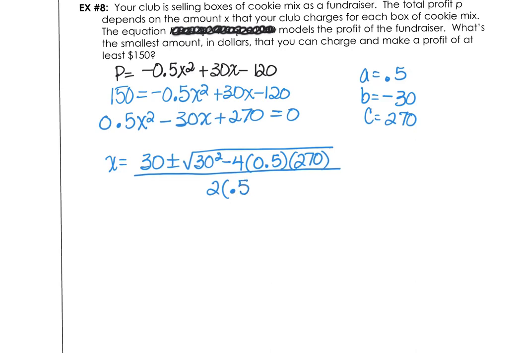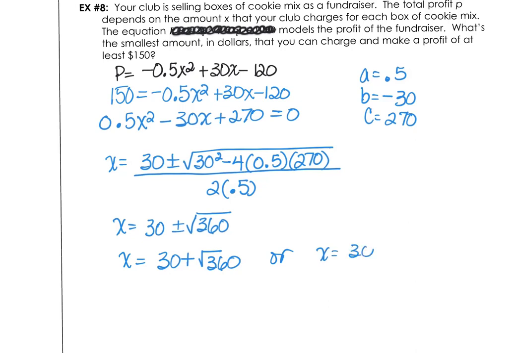A is 1/2. So with our calculator, the discriminant, this part under here, is going to be 360, and the denominator is 1. So we either have 30 plus the square root of 360, or we have 30 minus the square root of 360.